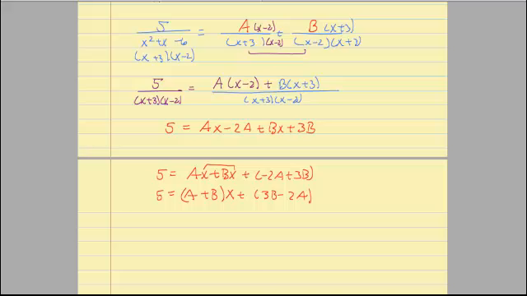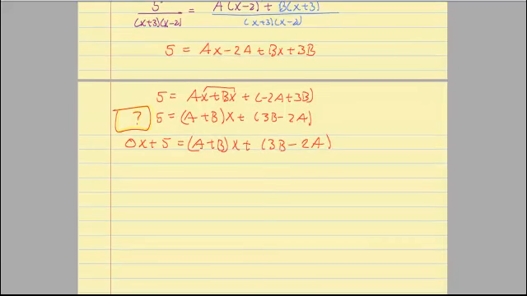Now if you look over here, I don't have any x terms. So one way I could rewrite the left-hand side is 0x plus 5, which is equal to the quantity a plus b times x plus the quantity 3b minus 2a.